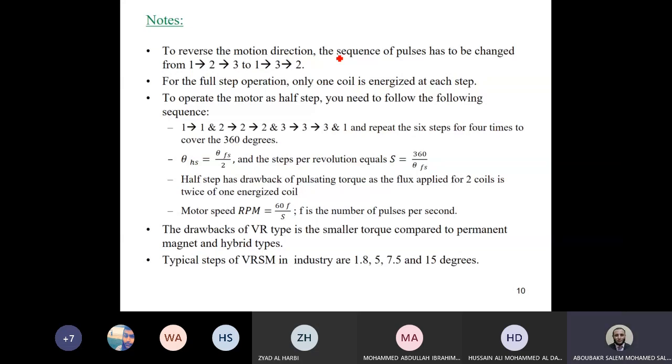But it's not possible to apply this kind of control technique with variable reluctance because we need a very high number of teeth in stator and rotor, and this cannot easily be made in a variable reluctance motor. However, it exists a lot in hybrid motors.